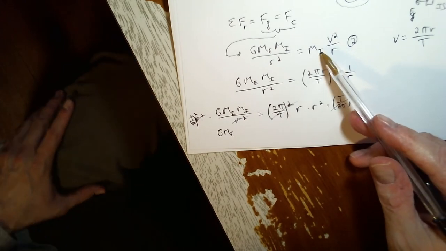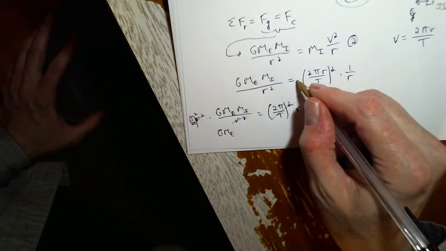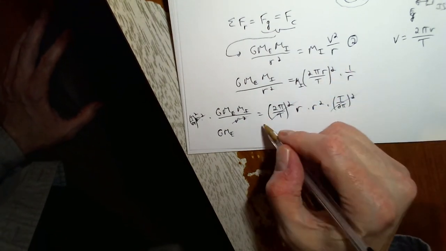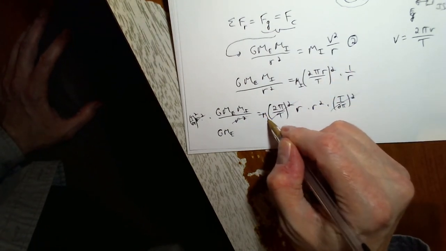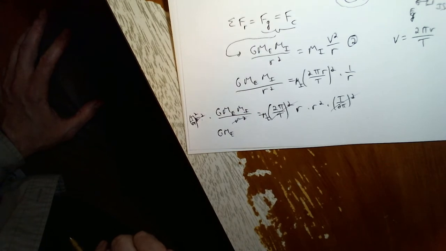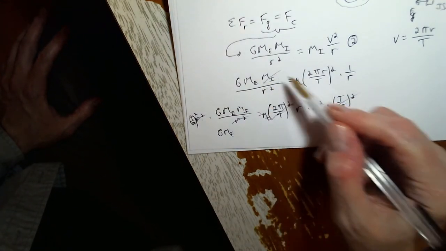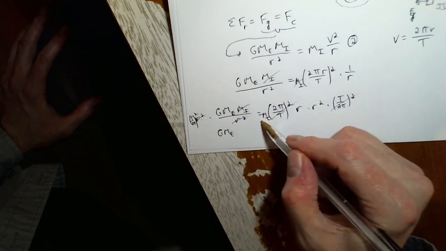Oh shucks, I dropped the mass of the International Space Station on the right, because I was going to cancel it eventually. Okay, so the mass of the International Space Station cancels. Get rid of that.